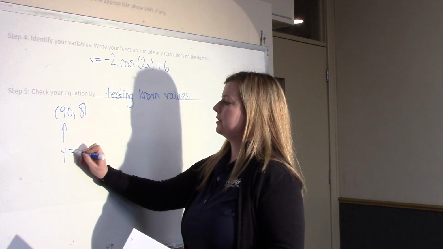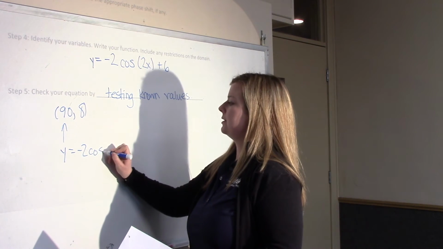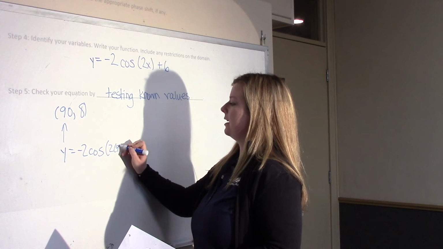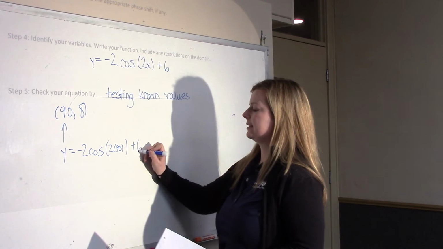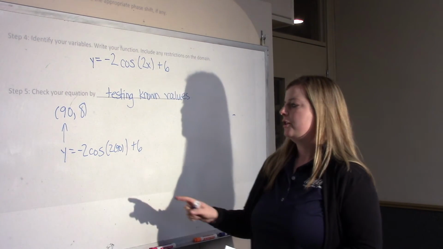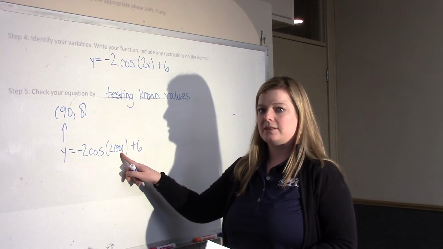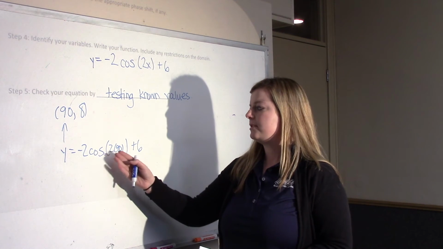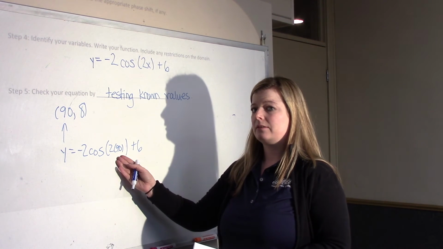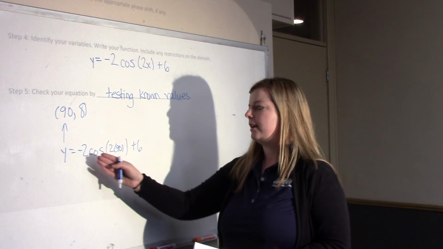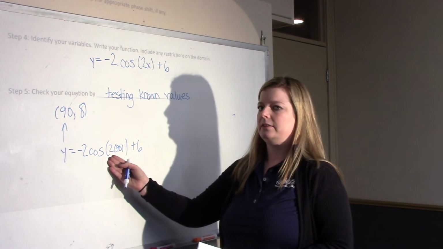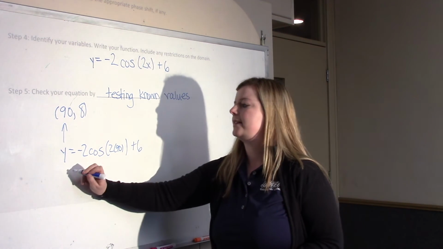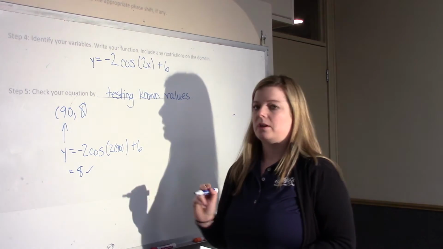So y equals minus 2 cos 2 times 90 plus 6. So we hope that gives us 8. So do 2 times 90 first. Get your calculator out. The cos of 180, okay, it's negative 1. Negative 2 times negative 1 is 2. 2 plus 6 is 8. So our equation worked. Okay?